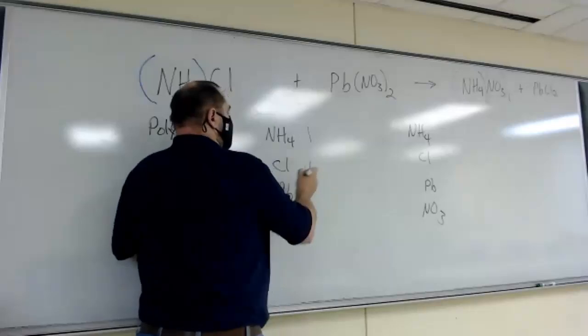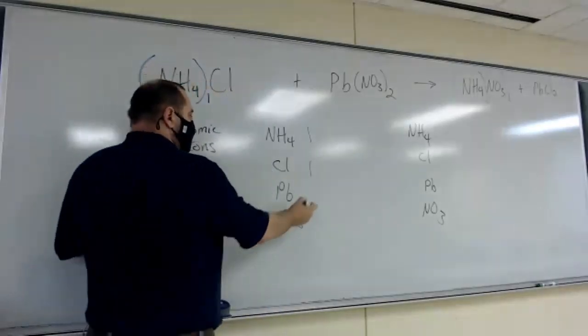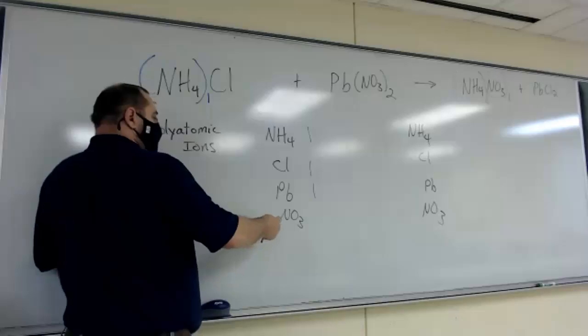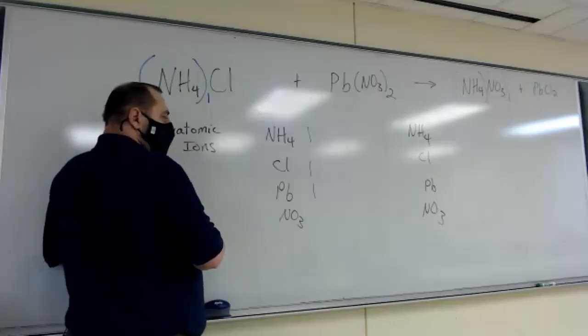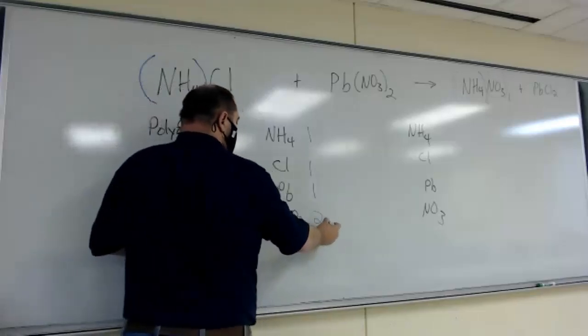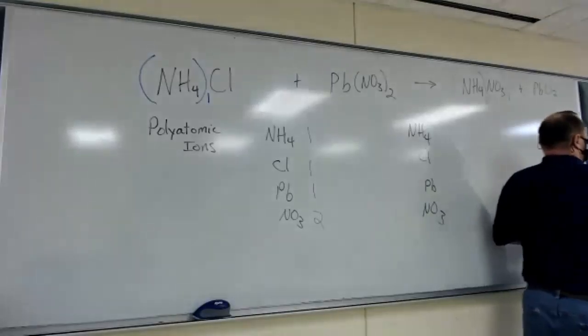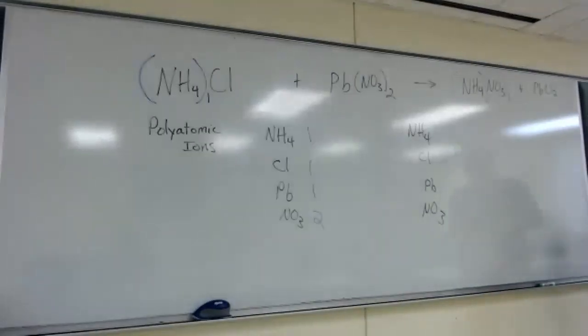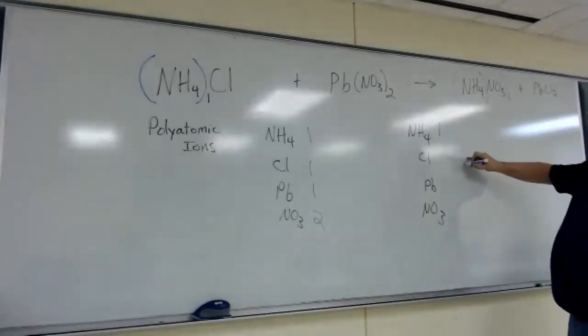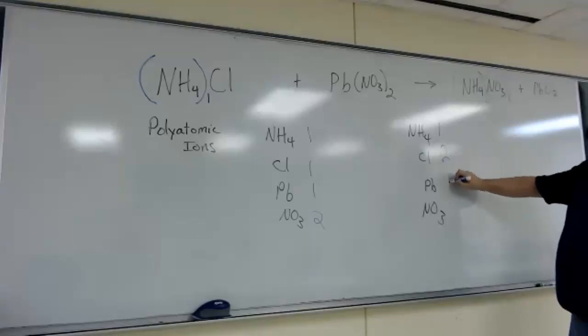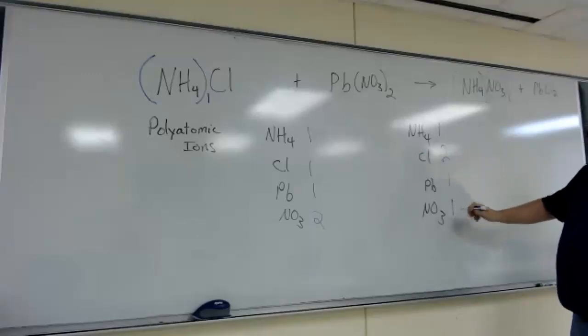I've got 1 chlorine, 1 lead. How many nitrates do I have? 2. This side I've got 1 NH4, 2 chlorines, 1 lead, 1 nitrate.